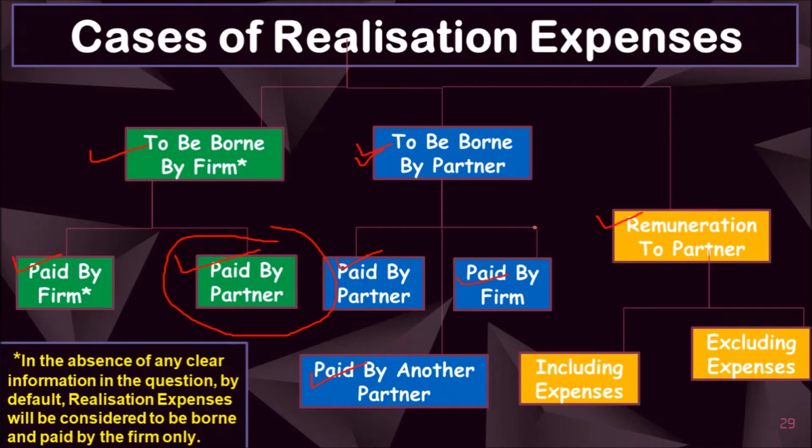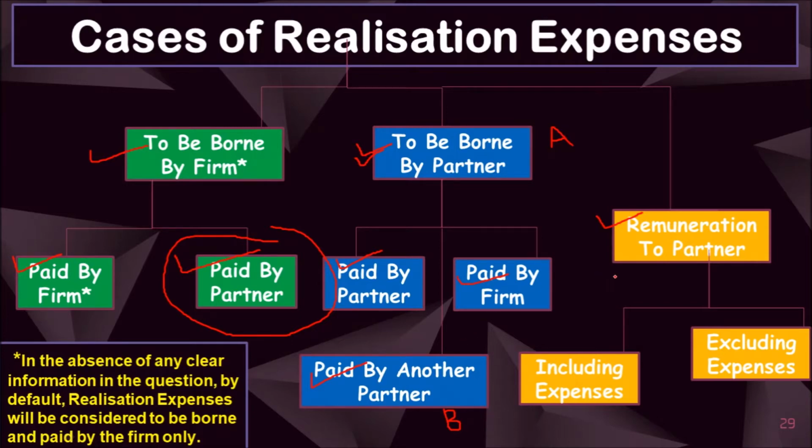Say for example, realization expenses were to be borne by partner A, and these were in actual paid by partner B. So that is also possible. So three cases are here under the category to be borne by partner: one, paid by the partner himself; another, paid by the firm on behalf of the partner; and the third, paid by another partner. Understood the point?